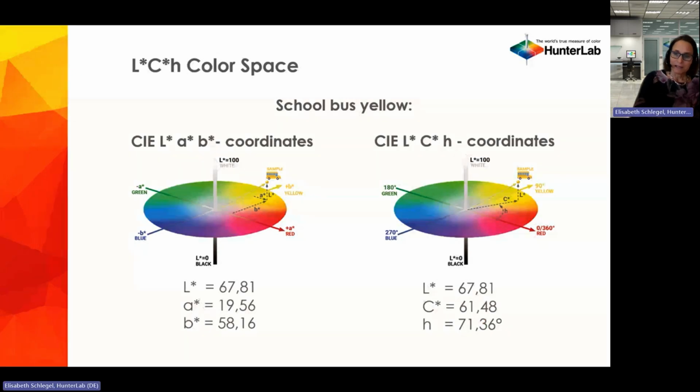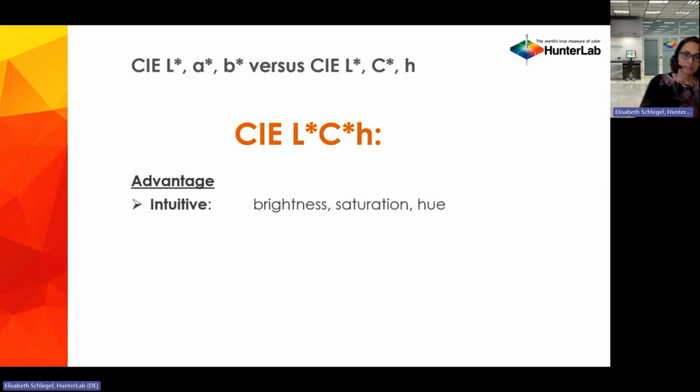Actually, I would normally tend to use this color scale, but as we see, it's rarely used. There's a big advantage. It's intuitive because I really have the brightness, the saturation, and the hue. And the same angle H means the same hue. So I can really compare more and less saturated colors.